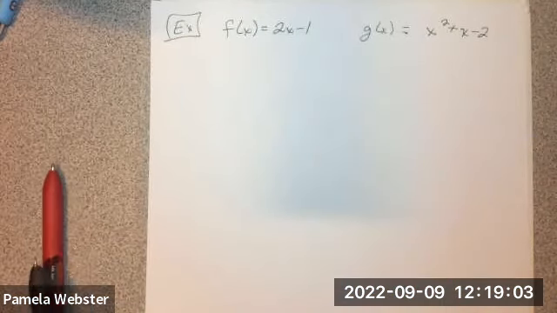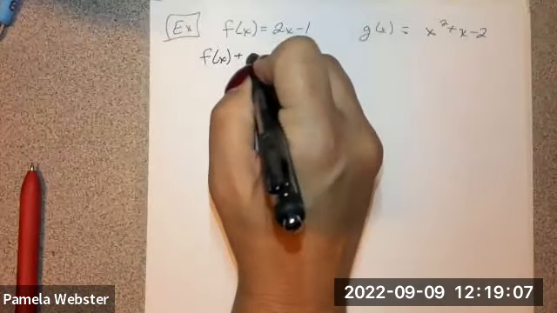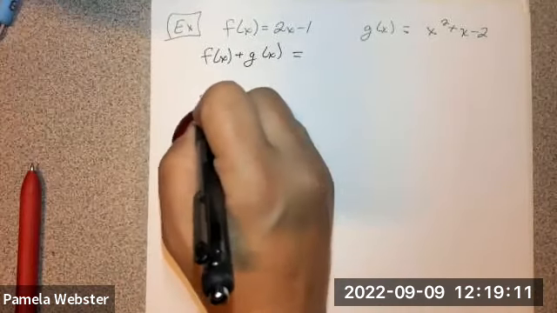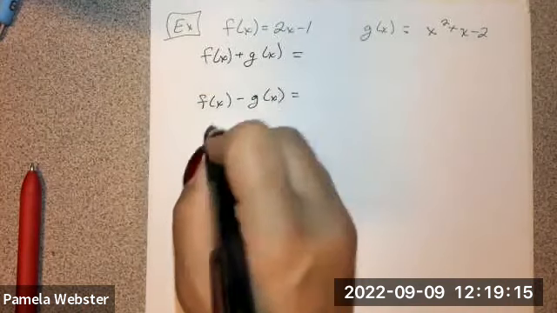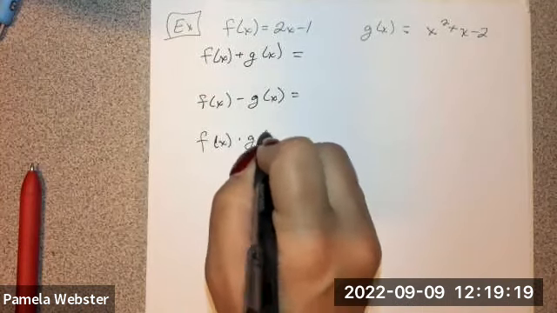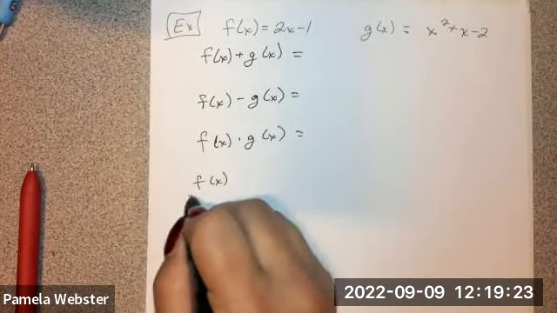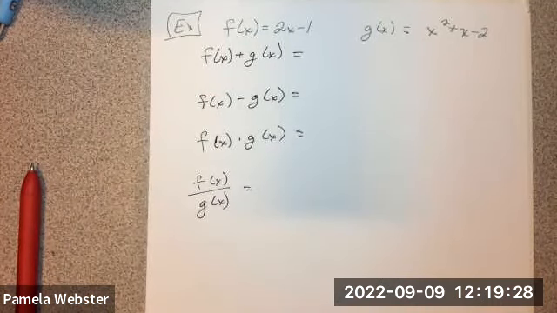So on your own, if you would like to practice this: f of x plus g of x, f of x minus g of x, f of x times g of x, and f of x divided by g of x. Or you can use the notation they use in the book, whichever you prefer.